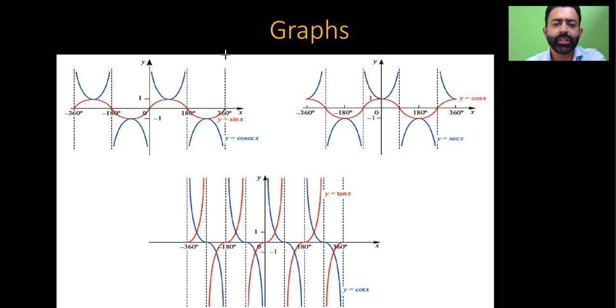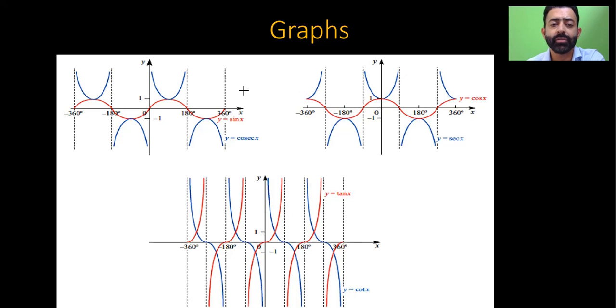These are the graphs of these three new basic functions. The red ones are those that you have already understood in your AS level, right? Sin x like this, starting from 0, 180, 0 and 360, 0, and the maximum and minimum values for sin theta and cos theta are plus 1 and minus 1, right? So these red ones are already known to you.